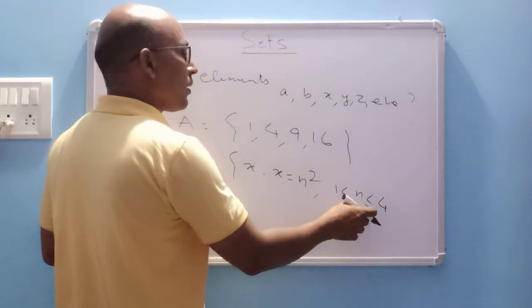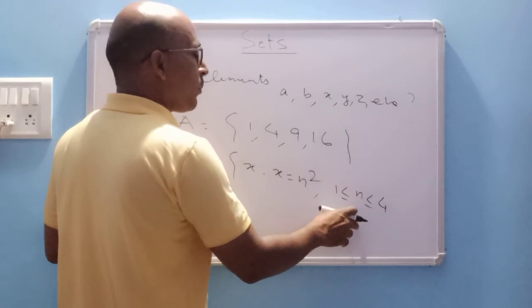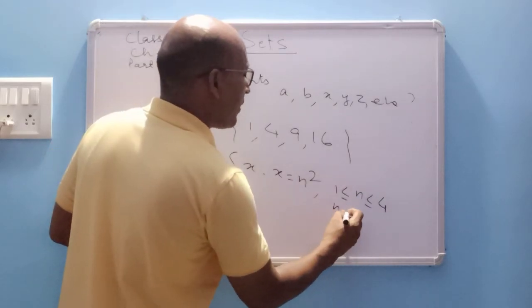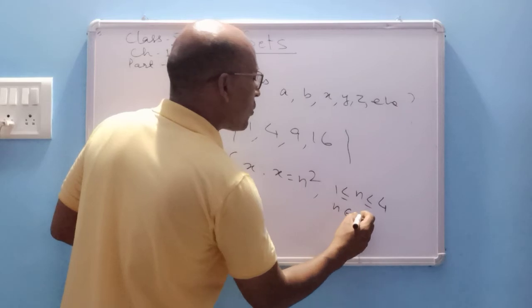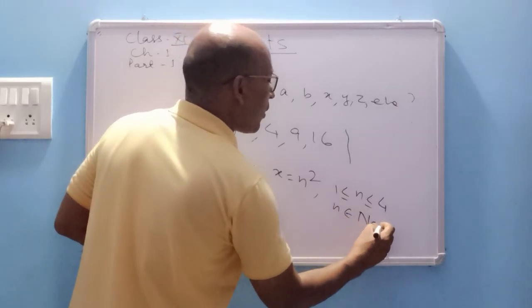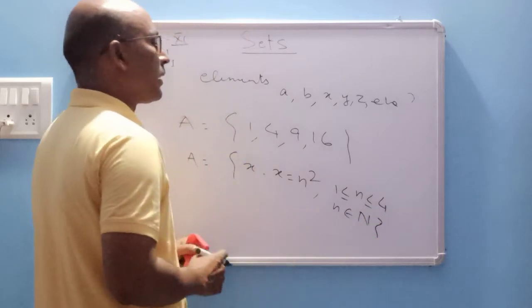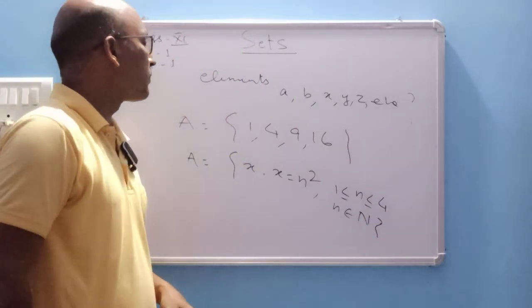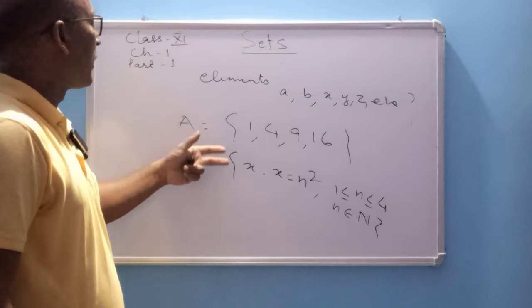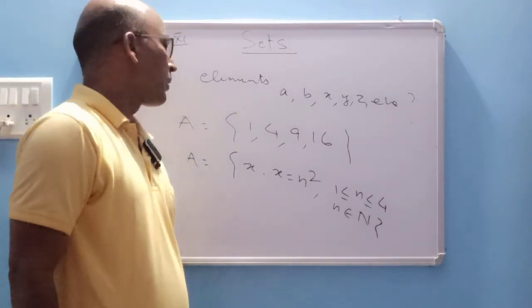But again you have to impose the condition that n belongs to capital N, the natural numbers, and n is a natural number, and both the sets are the same.